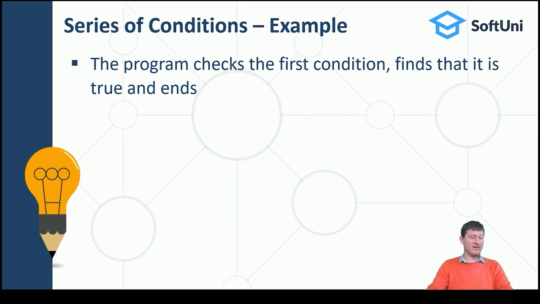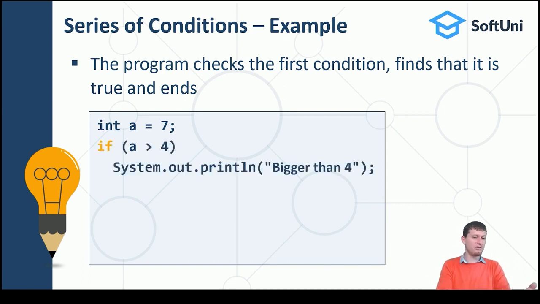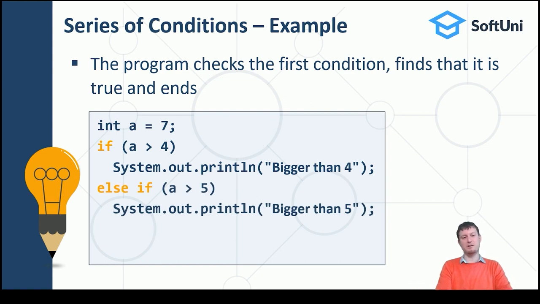So this is an example where we have a series of conditions, but the first condition is true and the others do not execute. So we have a is 7. We check if a is bigger than 4, which is true. We print it's bigger than 4. Otherwise, we will not get there because a is already bigger than 4.